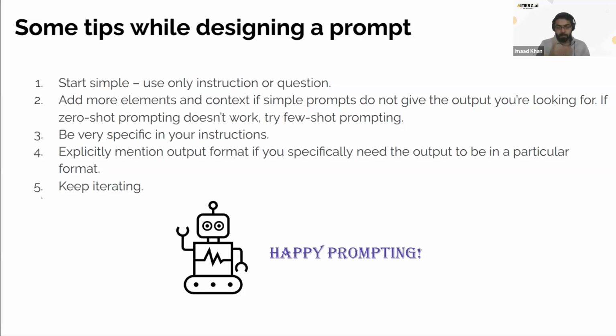So this is an important part that you will have to do if you really want to stick to a particular kind of output. So do that and keep iterating. You will most likely not get the output in your first iteration. You will want to keep iterating until you get the right outputs for your task.